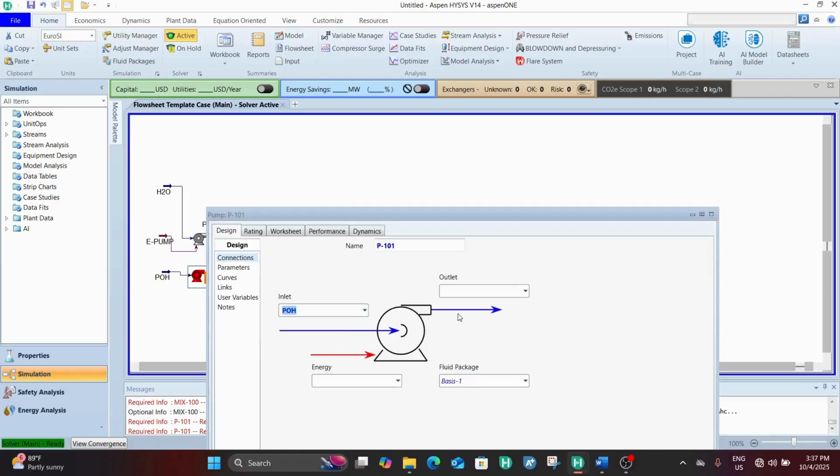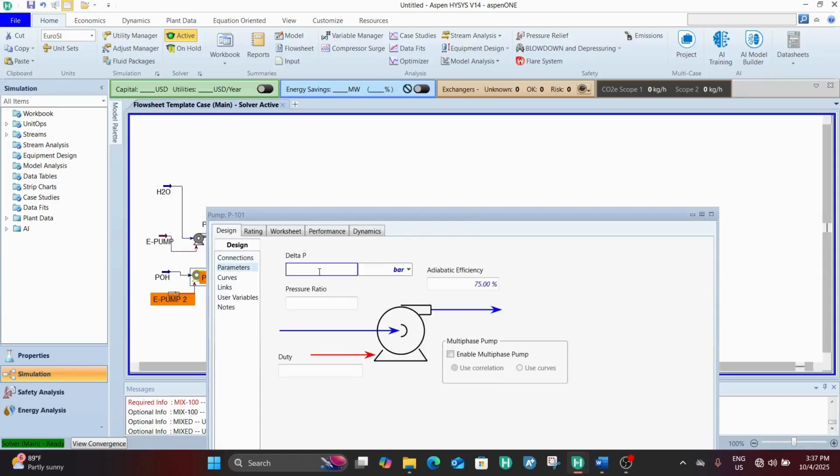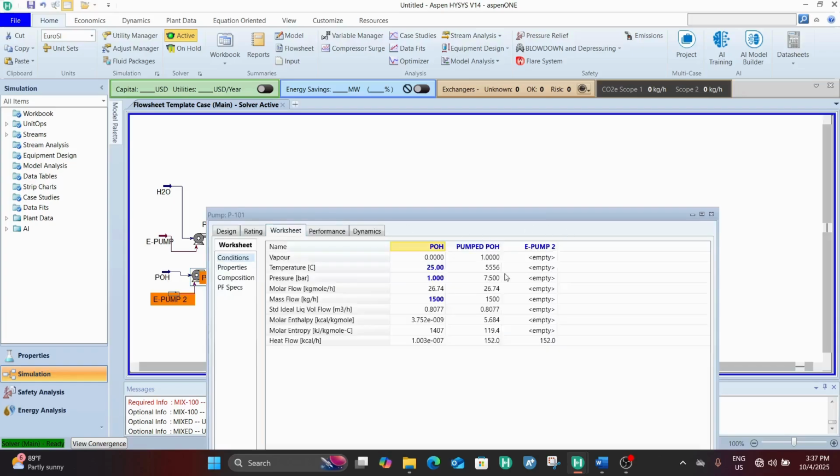Potassium hydroxide pumped, KOH, E pump 2. For the parameters, the same thing. 6.5 change in pressure gives us 7.5, which it does.